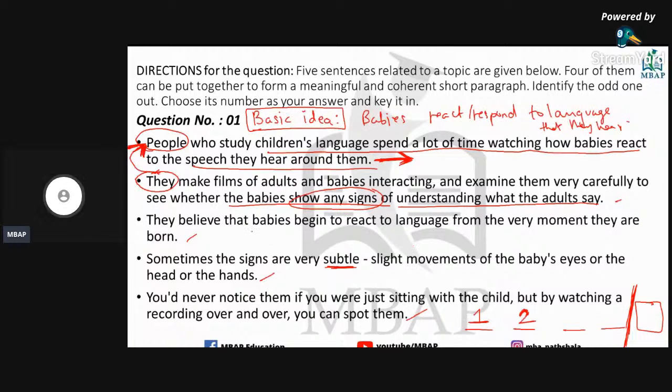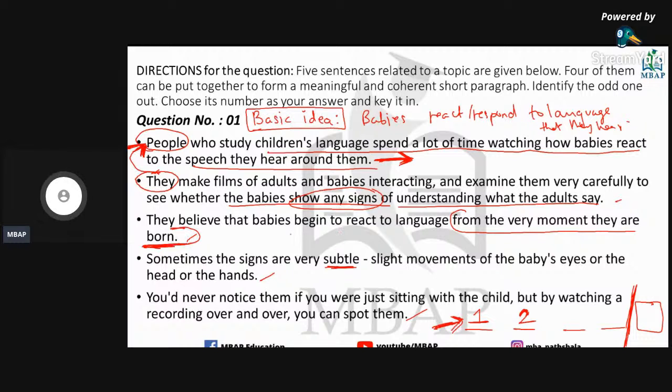Okay. Then they believe that babies begin to react to language from the very moment they are born. Guys, keep an eye on this: from the very moment they are born. Now, observe carefully. It says that babies begin to react to language from the moment they are born, but it does not relate with the first two sentences that we have entered in the arrangement, because it's a very general statement.